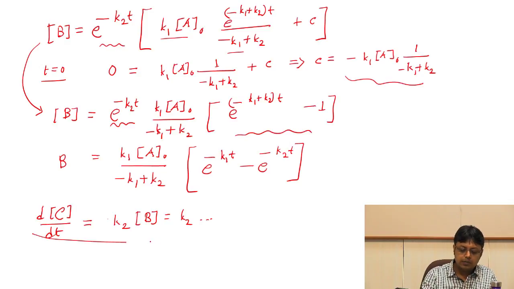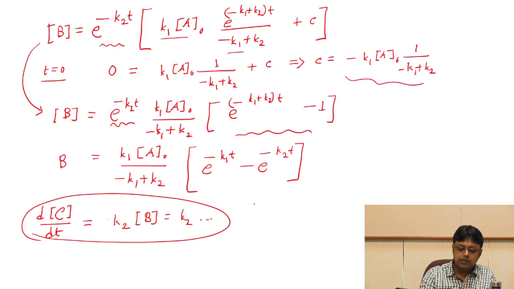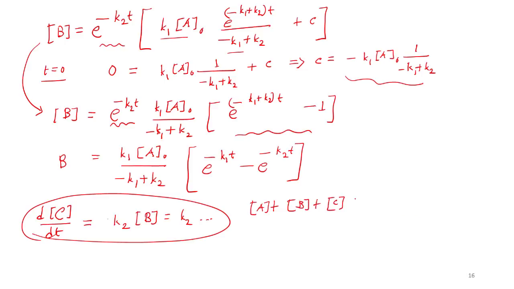Instead you can just argue that at any point of time, since I have 1:1 stoichiometry, at time 0 all the concentration was A0, and A0 is being converted to B, and B is being converted to C. So at any point of time, the sum of concentration of A plus B plus C will be the sum of the initial concentration, which is A0 plus 0 plus 0, which is nothing but A0.